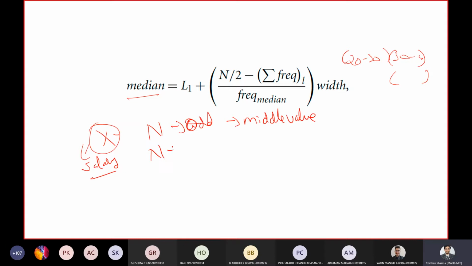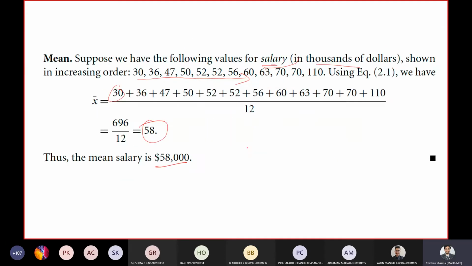If n is even, as in our case, there are 12 observations, so it is even. So your median is from the two middlemost elements. For example, take the same data set. There are 12 observations, so n is even.